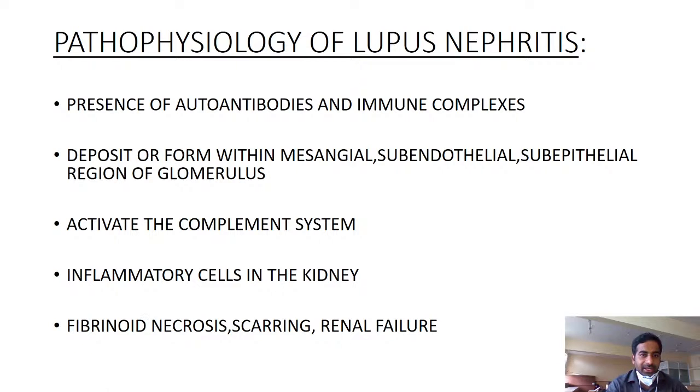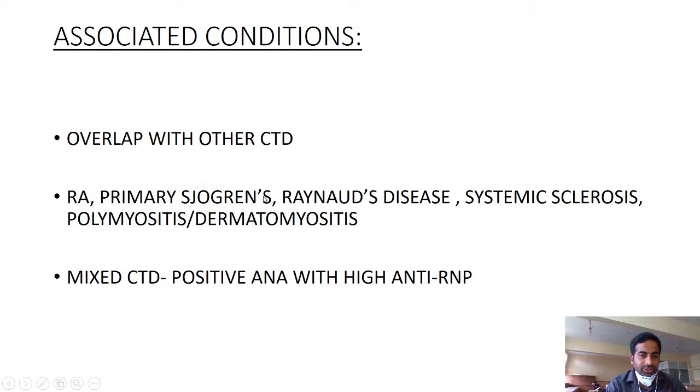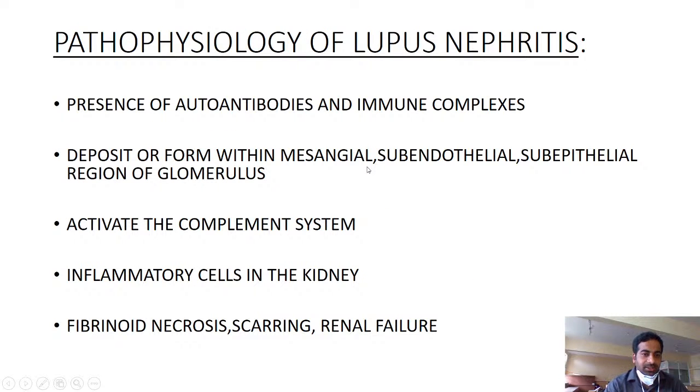Presence of autoantibodies and immune complexes, and these immune complexes will deposit in various sites like subendothelial, subepithelial, glomerulus, mesangial cells. That ultimately leads to activation of the complement system.